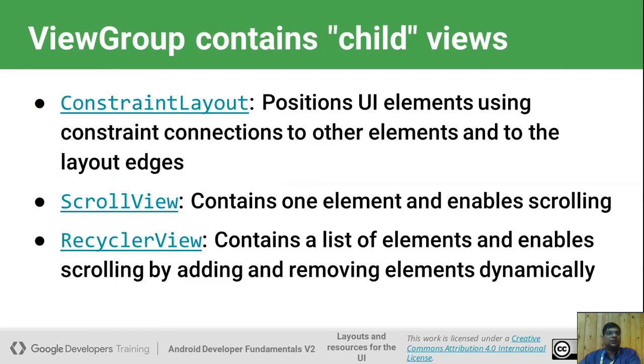Now there are some view groups: constraint layout, scroll view, recycler view, linear layout, relative layout, grid layout, table layout, and many layouts are there. So we discuss them one by one.